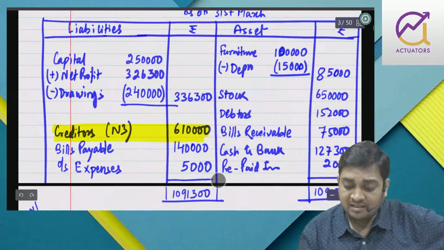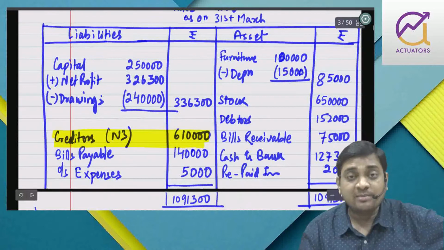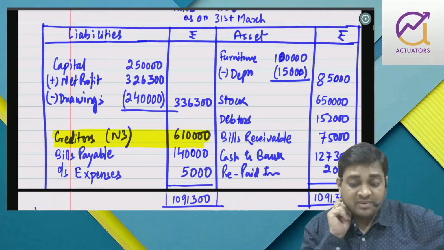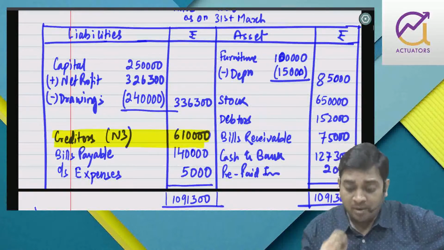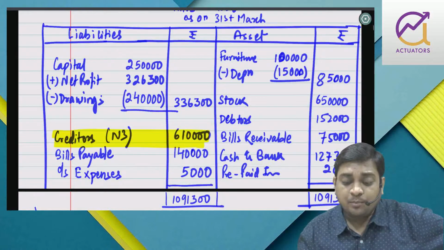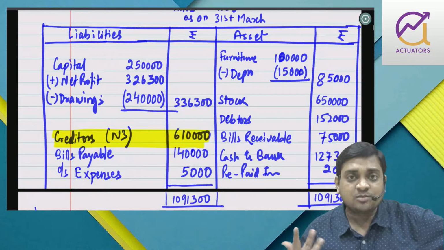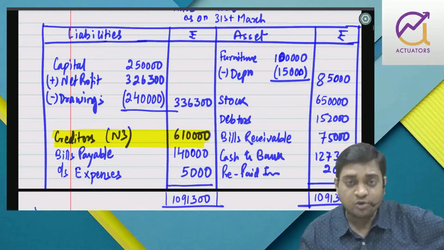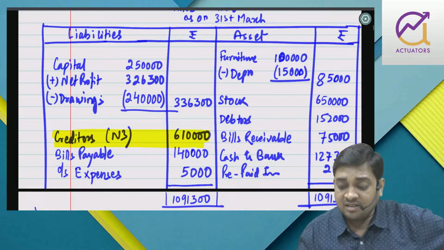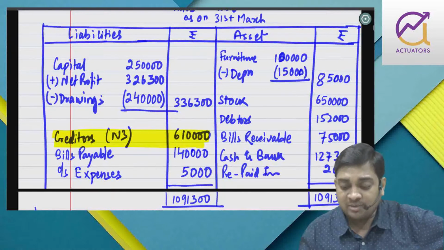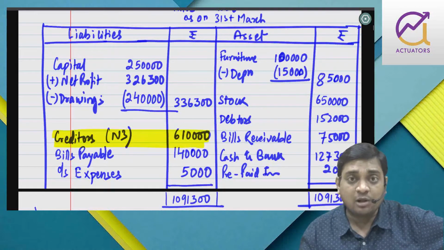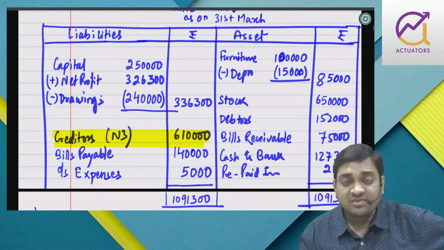When you see, there will be different students who put up very different approaches while they do a problem. This is the best approach, I think: whenever we get stuck, prepare the account. If we don't get stuck, just move on. I'll show you one question in which there was no need of preparing any account, but still students prepared all the accounts beforehand. That's a wastage of time, right?